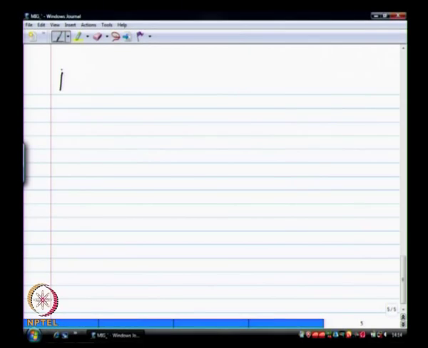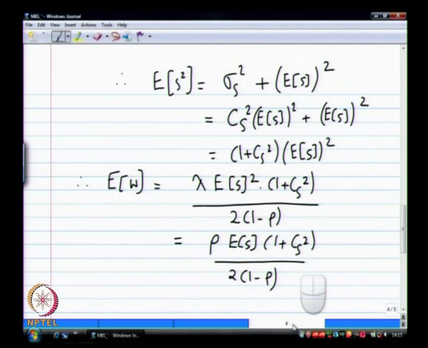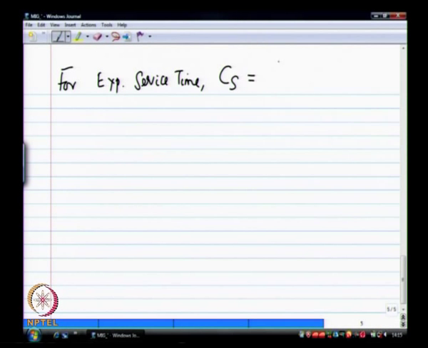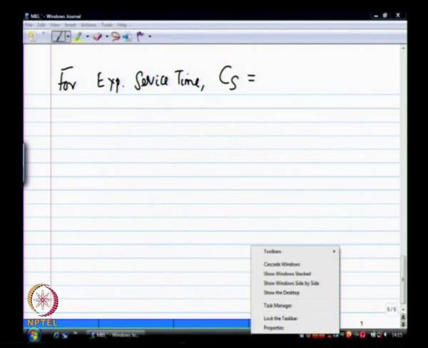So for exponential service time distribution, what is CS? CS is the ratio of the standard deviation to the mean, right. In the case of Poisson, the variance equals the mean.